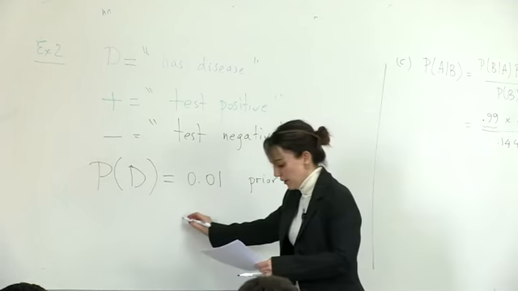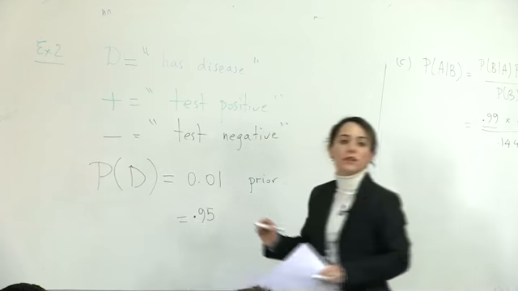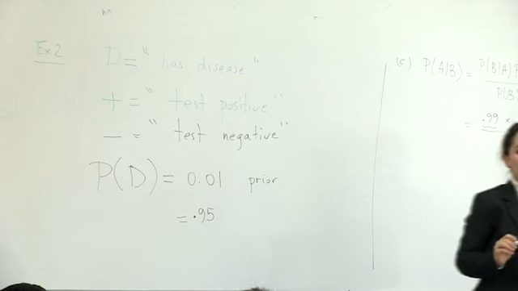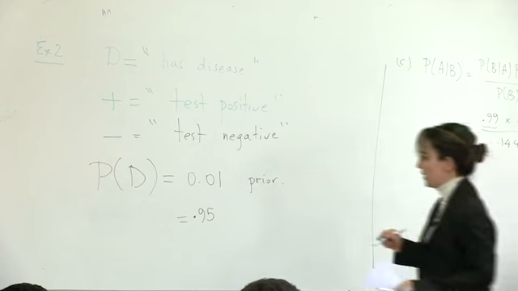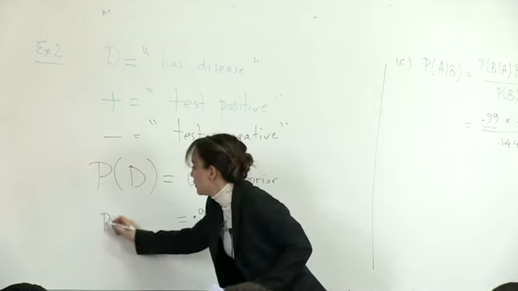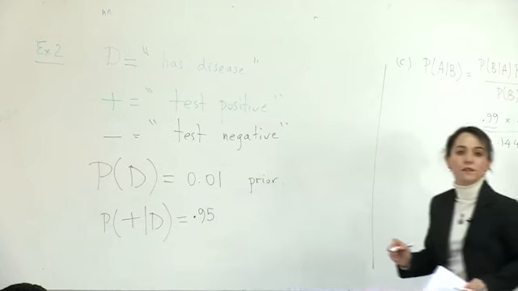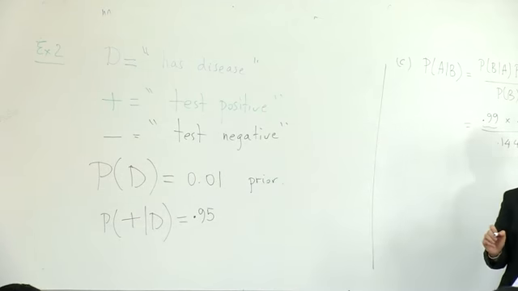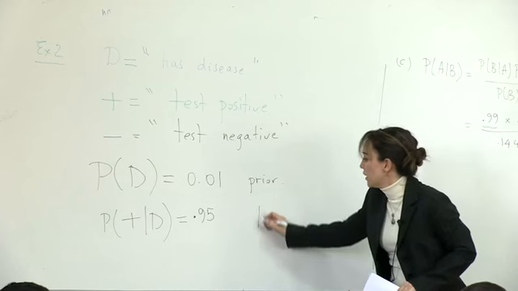Now what else are we given? We are given that the test is correct with probability 0.95. How would you express this? Positive given D, right? Probability of testing positive given D is 0.95. Any questions about this? Okay. What else?